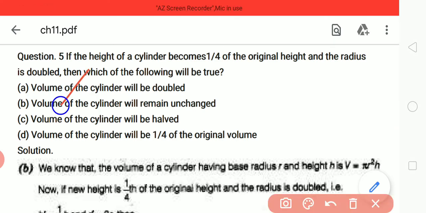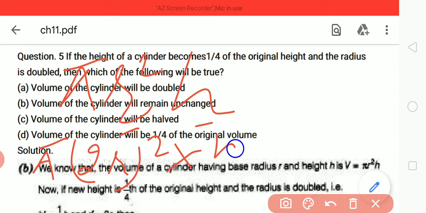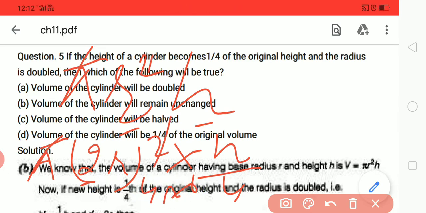The volume is pi r square h, with r as the radius and h as the height. But when r is doubled, it becomes 2r square, and h becomes h/4. So pi cuts with pi, 2r square is 4r square, r square cuts with r square, and h/4 with the 4 cuts, and h cuts with h.